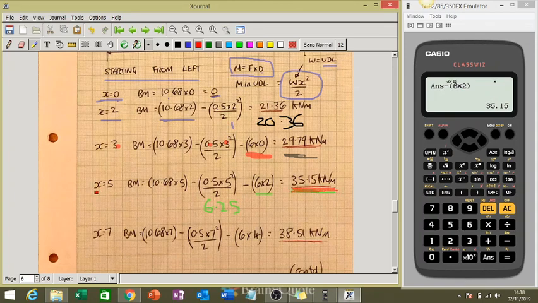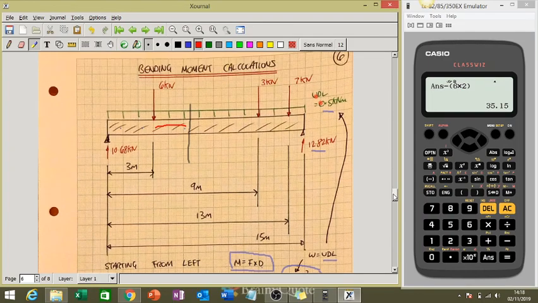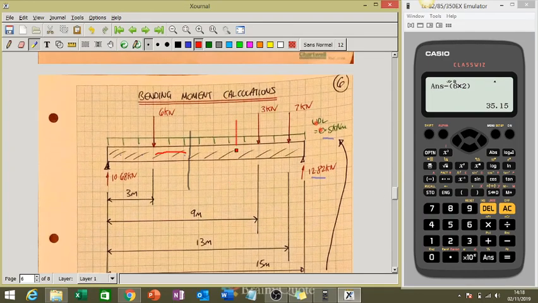I then got to x equals 7. So here somewhere. I've still got the bending moment produced by that force, and my UDL.